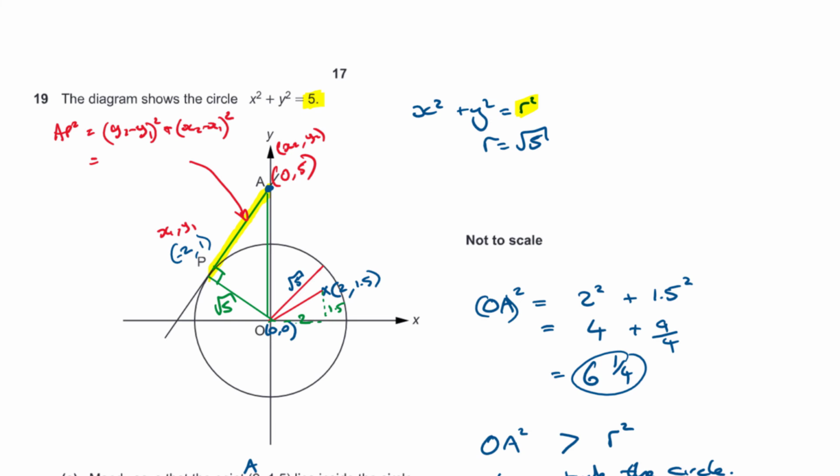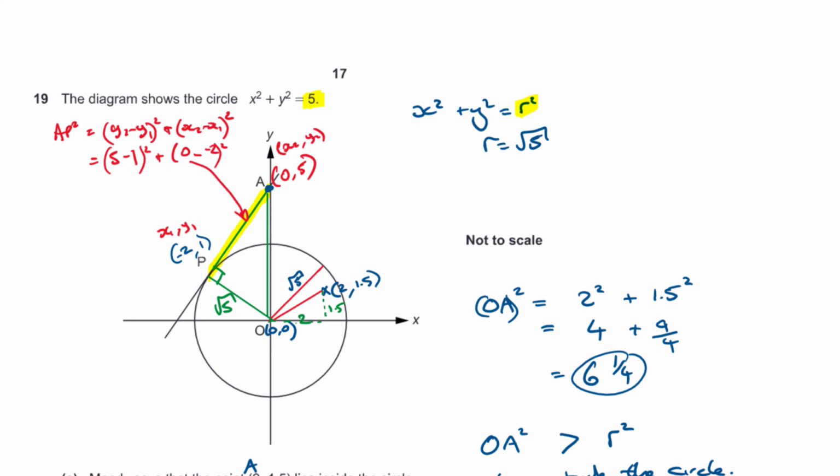So y2 minus y1, that's going to be 5 subtract 1, so 5 subtract 1 all squared, plus change in x, so we're going from minus 2 to 0, so 0 subtract negative 2 all squared.